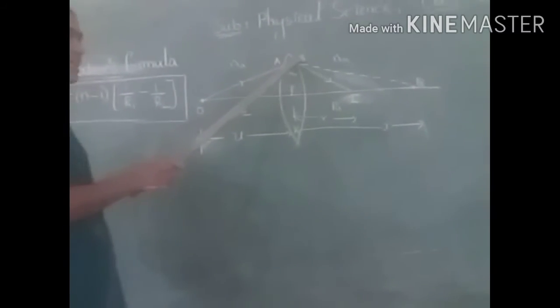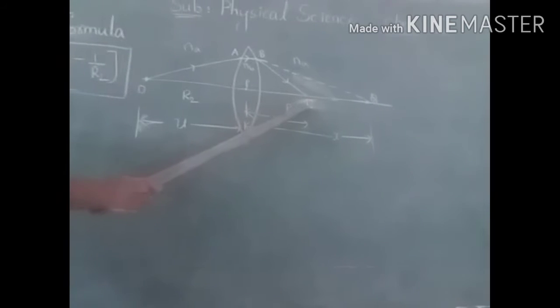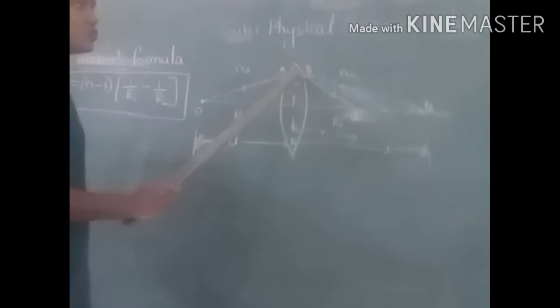Due to the presence of the second surface, refraction takes place again, so that the light ray is refracted and will meet at this point. So the image is formed here. This image is formed due to only the first surface of the lens, and this I is formed due to both refractions, since refraction occurs twice.